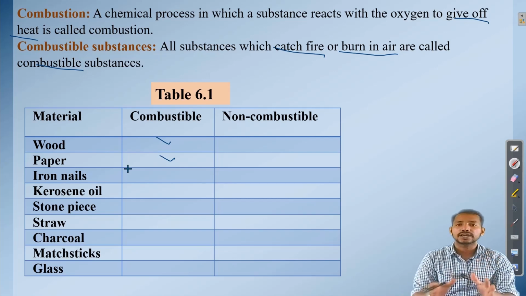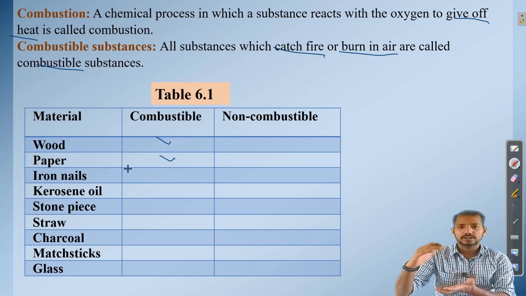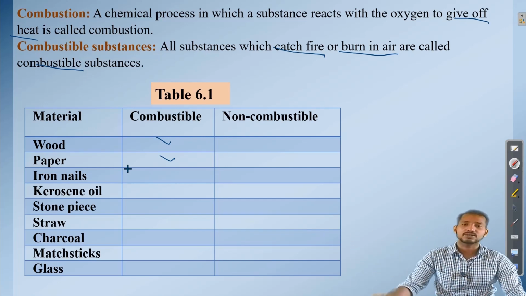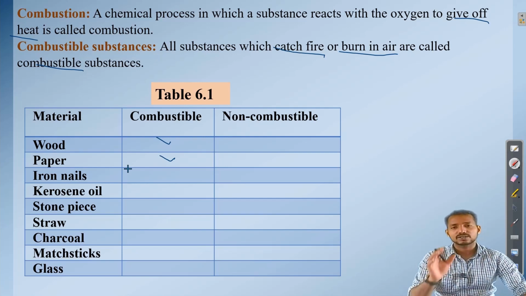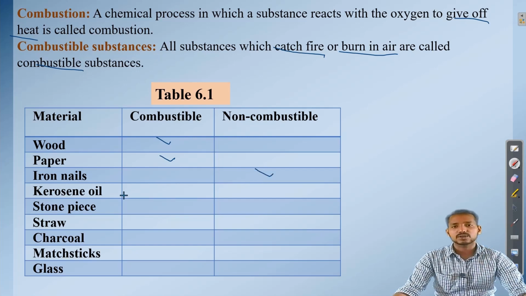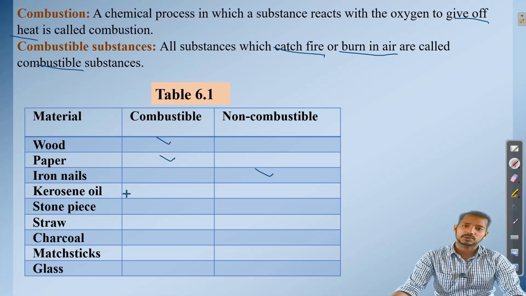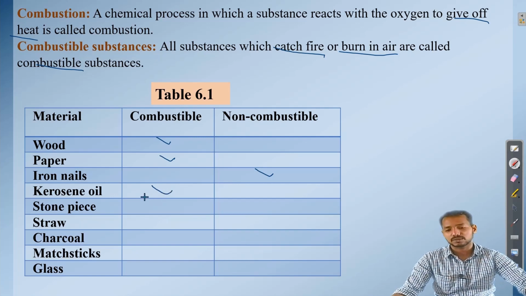Even if you heat this iron nail, as the temperature rises, its color will change like red, orange, white, etc. But it never burns. Clear? At normal conditions, it is non-combustible. Regarding kerosene oil, we already discussed that it is a constituent obtained from petroleum. It is one of the best fossil fuels, so it can be easily burned. That means it is combustible.